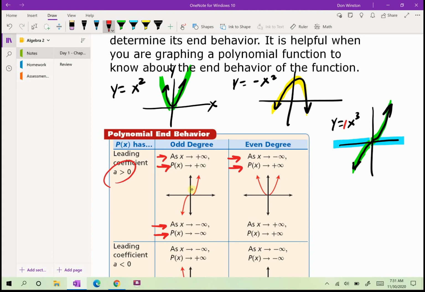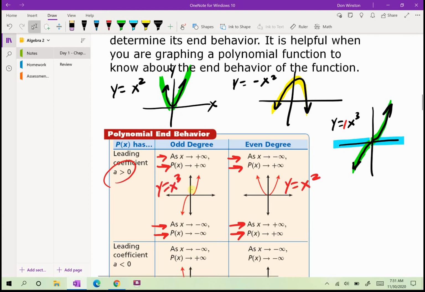As x goes to positive infinity, y goes to positive infinity. It rises on both the left and right if the polynomial is even degree and the leading coefficient is greater than 0. So this would be my function y is equal to x squared. Here's my function y is equal to x cubed.